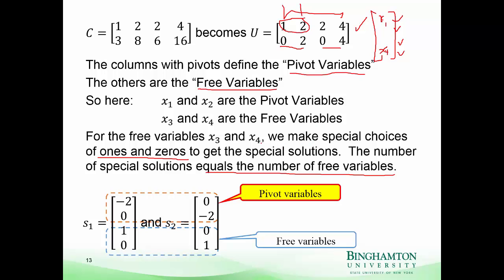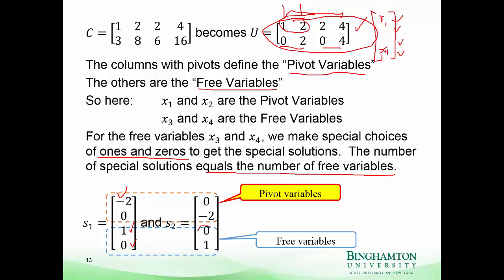Basically, we're saying, consider the case where one of the free variables is 1 and all of the other free variables are 0. Then we would cycle our way through that. So in this case, here we're saying x3 is 1 and x4 is 0. And if you plug those into this system using the U matrix, you can easily solve for what x1 and x2 have to be for that case.